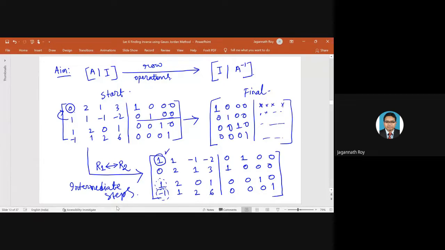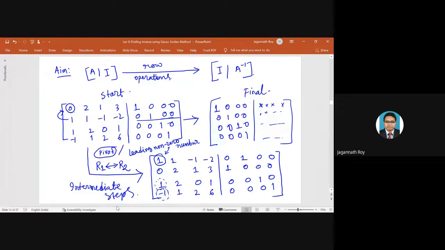Remember, here it is pivot: the first non-zero leading entry, the leading non-zero number, or we call it a pivot.